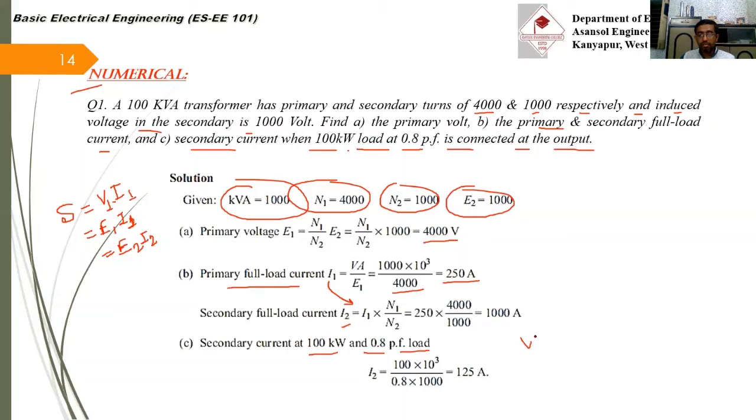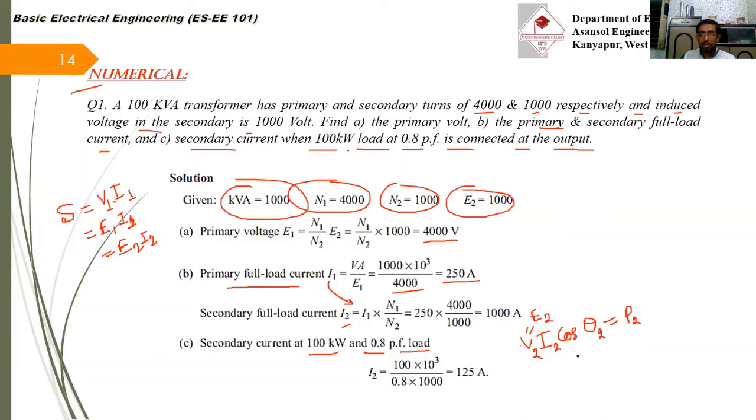That means V I cos theta equals P. Okay, and this is occurring on the secondary side, so this will be V2 I2 cos theta 2 equals P2. Now here V2 is equal to E2.